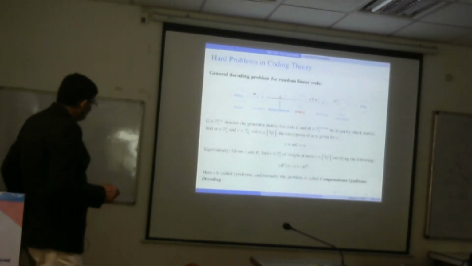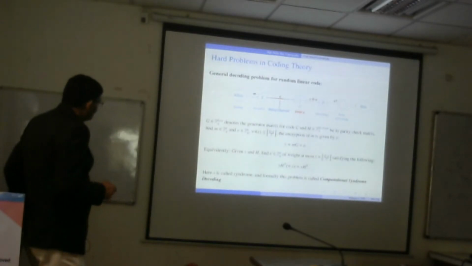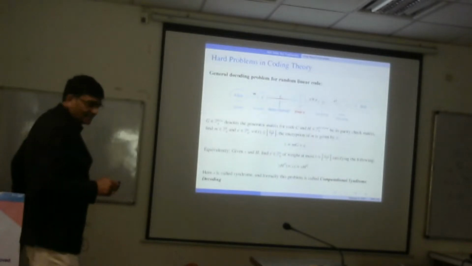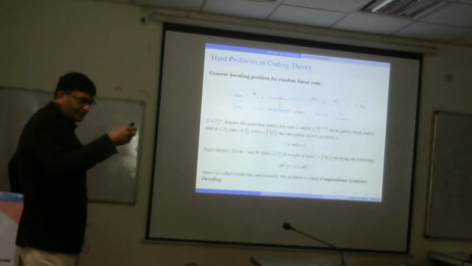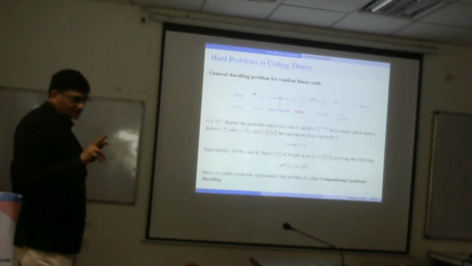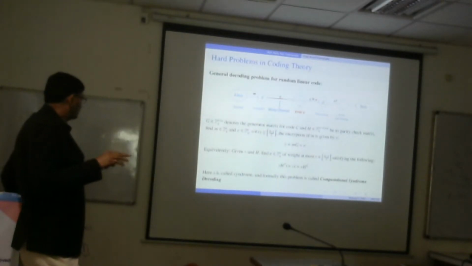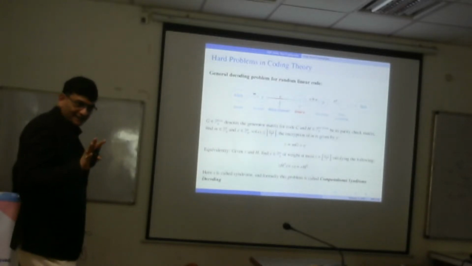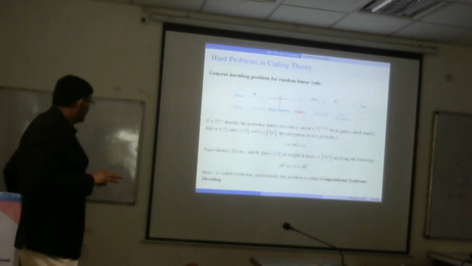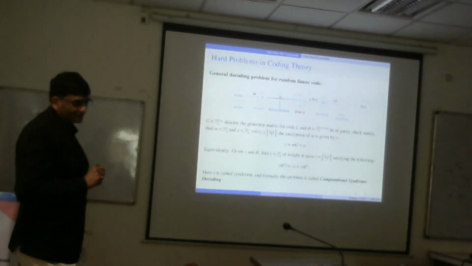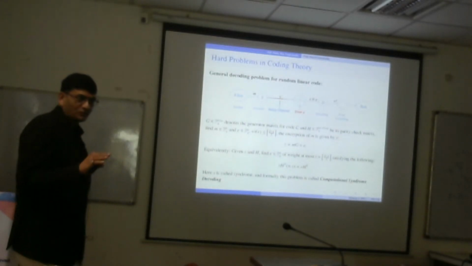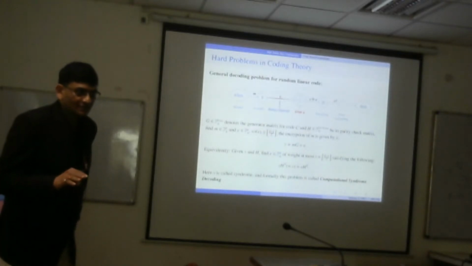We have to encode the message, and after that we send it over a noisy channel. Because of the noisy channel, some bits will be corrupted, and then we have to remove that error to recover the message. This is the general principle of coding theory.